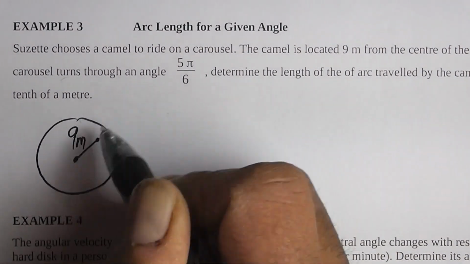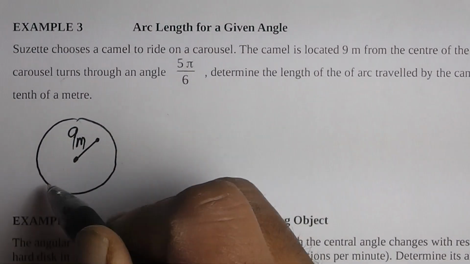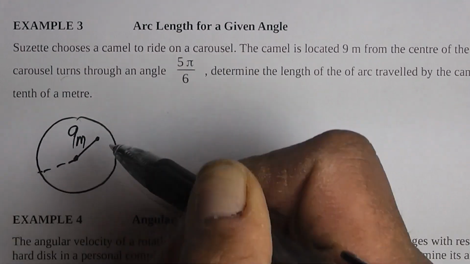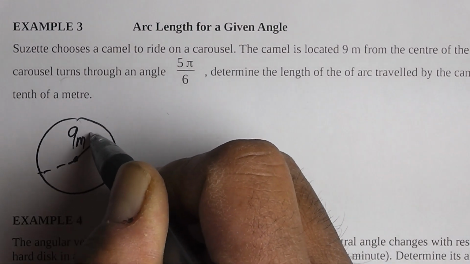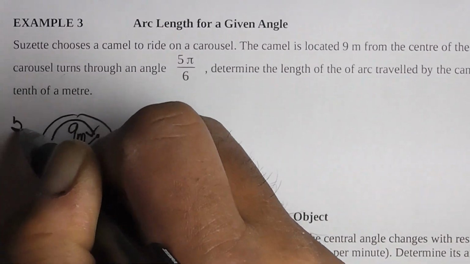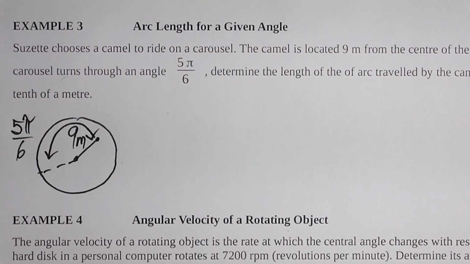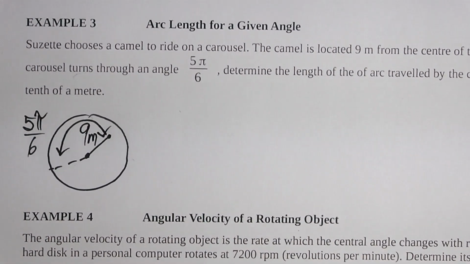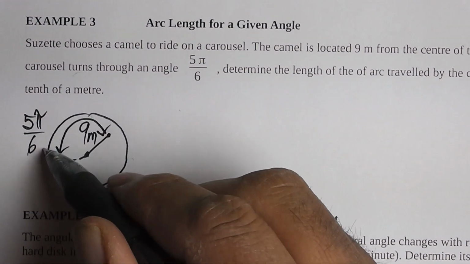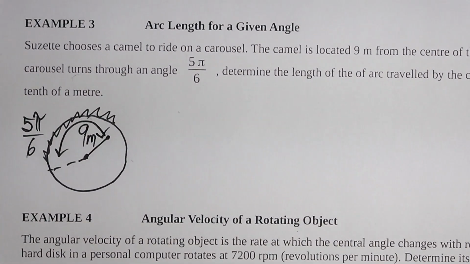The carousel turns through an angle of 5 pi over 6. So what they mean is this whole angle is 5 pi over 6. They want us to find what this distance is that the camel traveled.